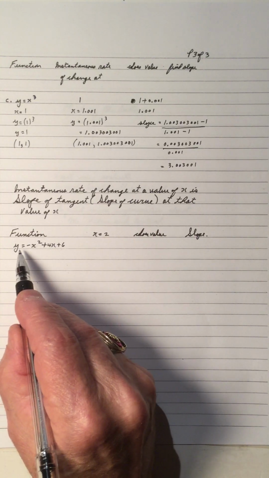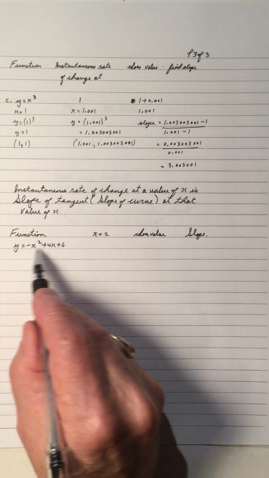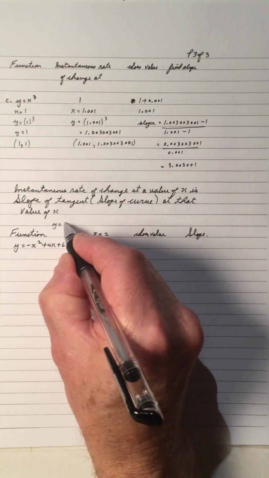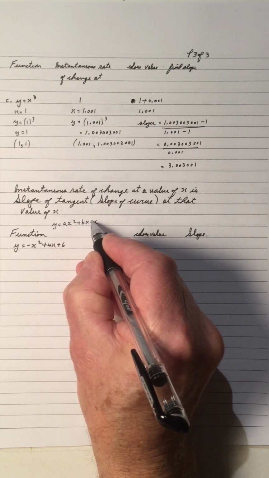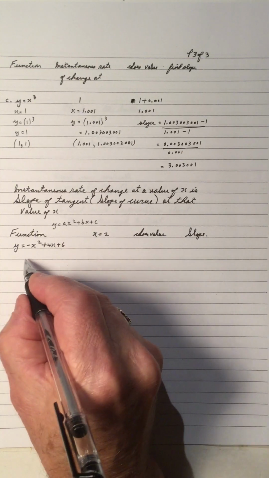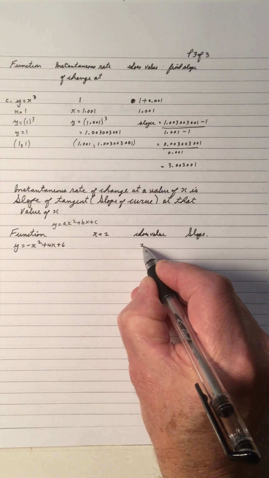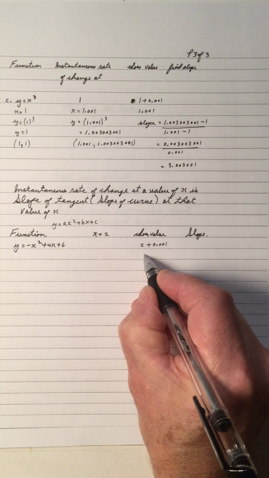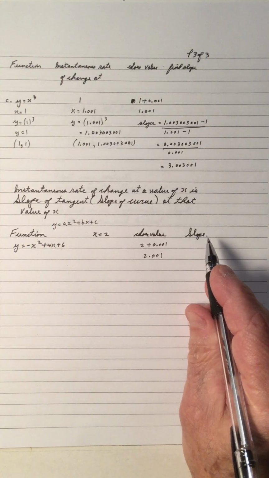Now let's do one more. What if we want to find the instantaneous rate of change for this? Again, this is a parabola. Remember, this parabola is y equals ax squared plus bx plus c. When it's in this form, we have a parabola. So at x equals 2, what's the value close? It's 2 add on 0.001, which is 2.001. So let's find the slope.